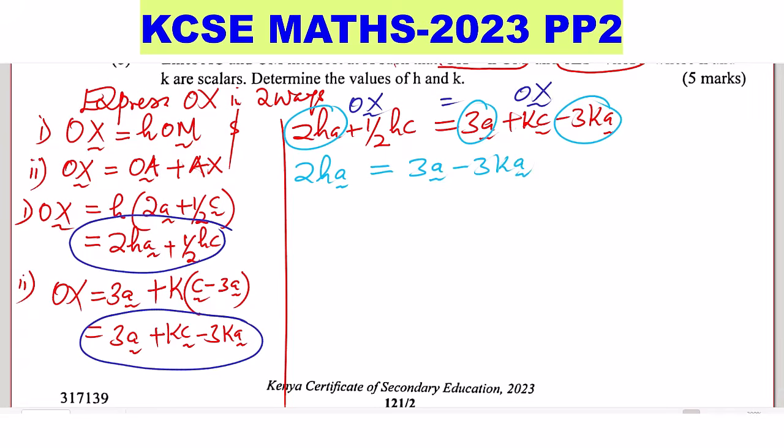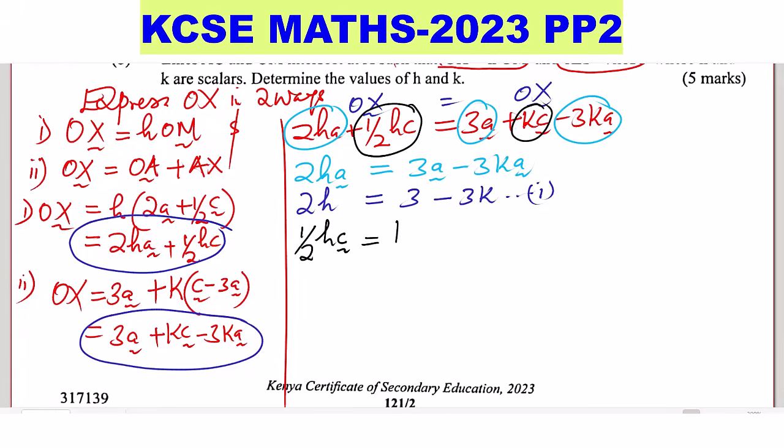Then from there, A is common in all these terms. Divide every term by A. Here you shall have 2H, here you shall have 3, and here you shall have 3K. So keep that equation aside. Then the other thing you're going to do, pick the terms with vector C. So you have half HC is equals to KC.